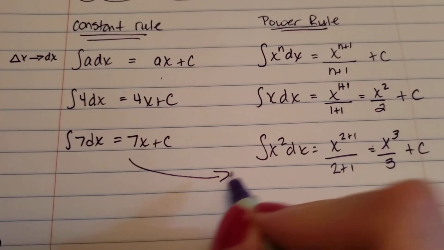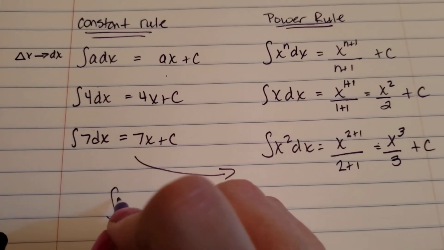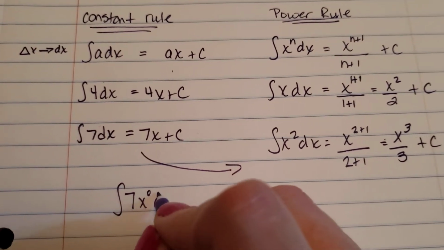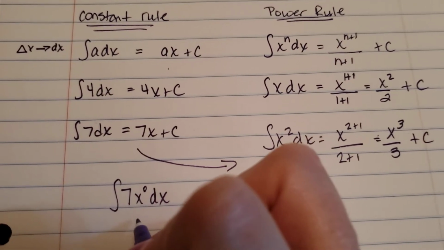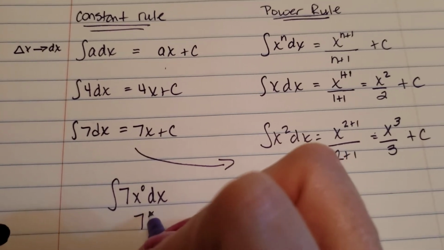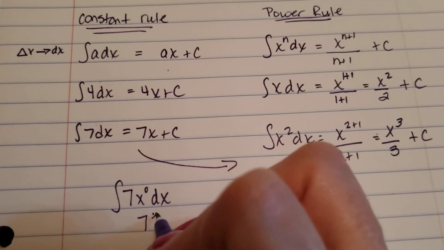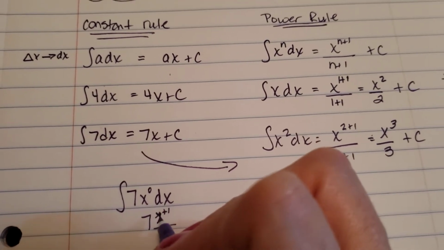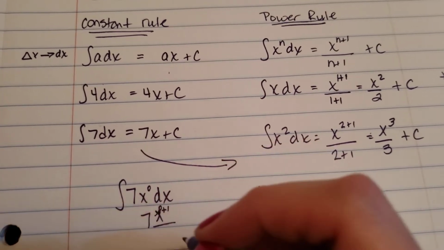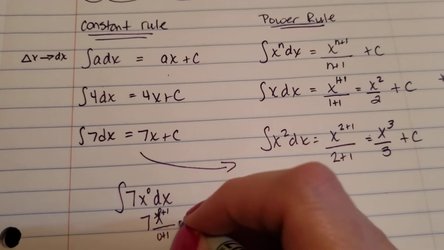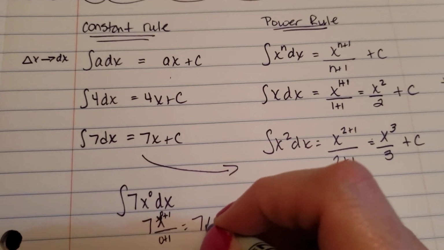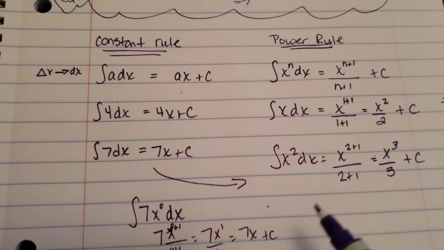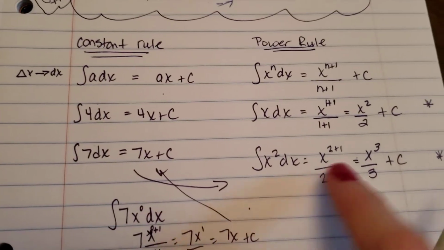This is really an extension of the power rule, because another way to say 7 dx would be 7x to the 0 power dx, and that would just give us 7 times x to the 0 plus 1 over 0 plus 1, and that just gives us 7x to the first power over 1, or just 7x plus c. See, same thing. It's just a variation on the power rule.